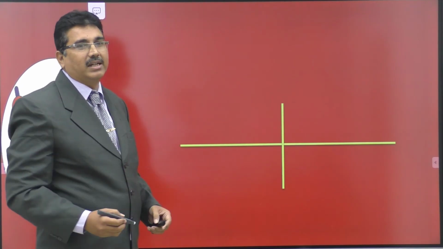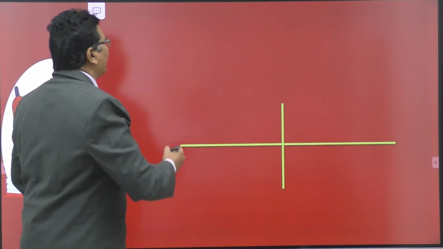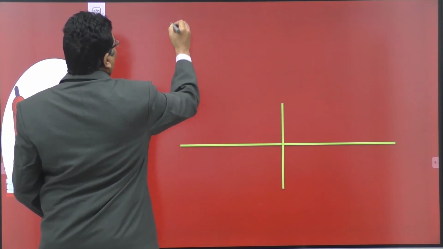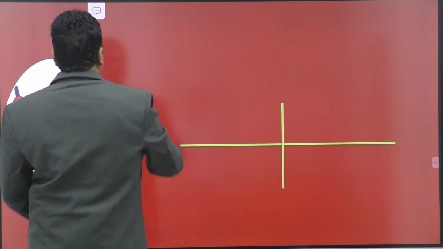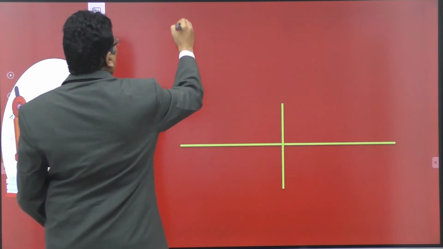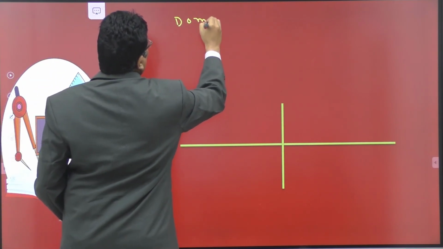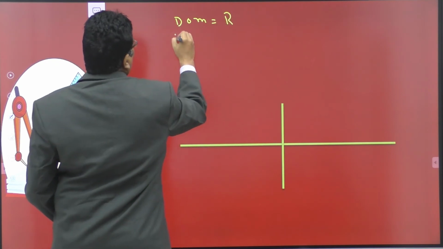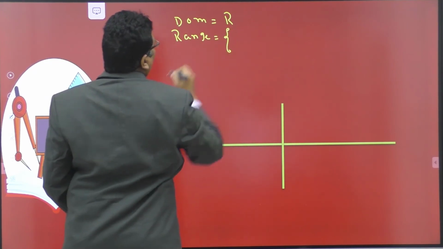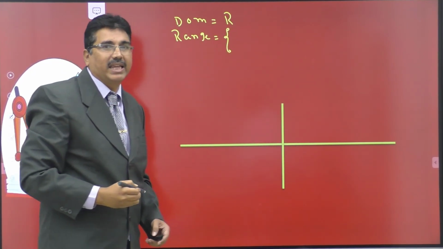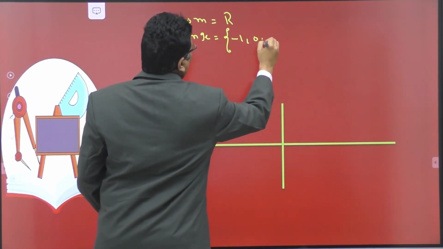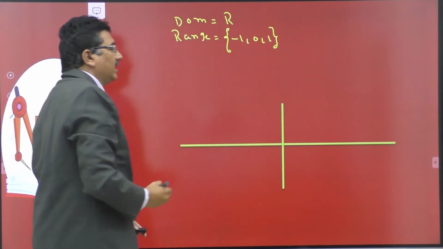Right? Now draw the graph of the Signum function. Before drawing the graph, what is the domain of this function? The domain of this function is the set of all real numbers. Range of this function, from the definition, the range contains only 3 elements. They are -1, 0, 1. That is the range.